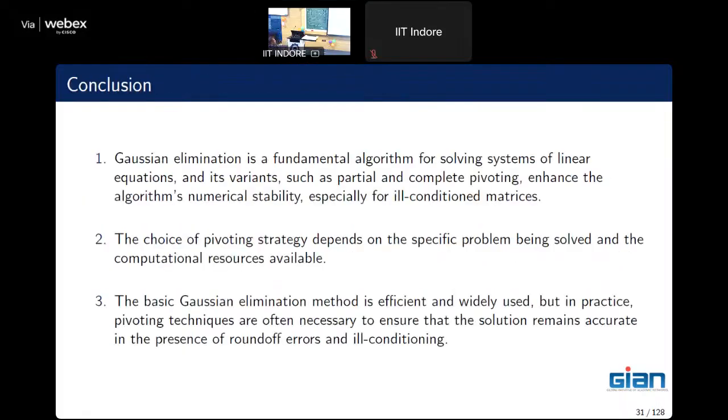This part is the conclusion. Gaussian elimination is a fundamental algorithm for solving systems of linear equations, and its variants such as partial and complete pivoting enhance the algorithm's numerical stability. The choice of pivoting strategy depends on the specific problem being solved and the computational resources.